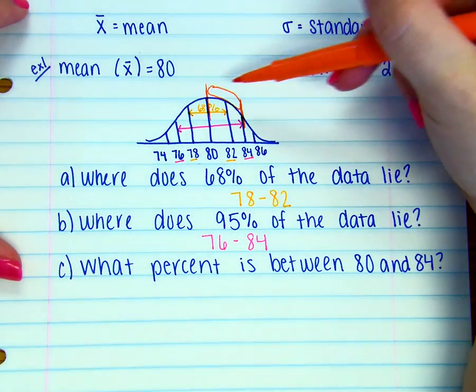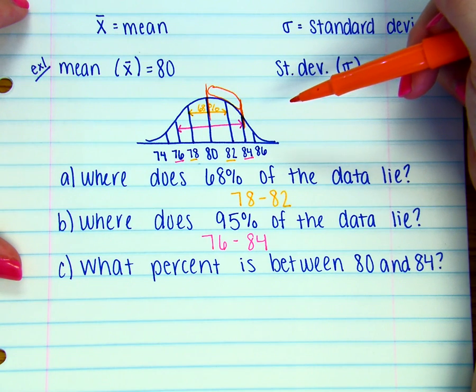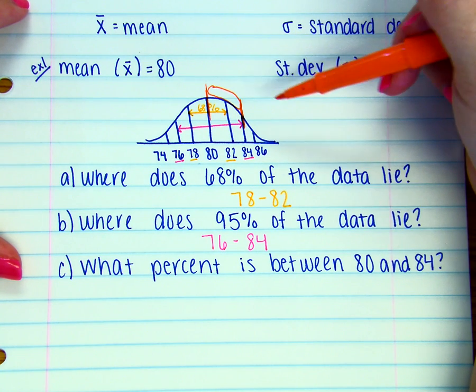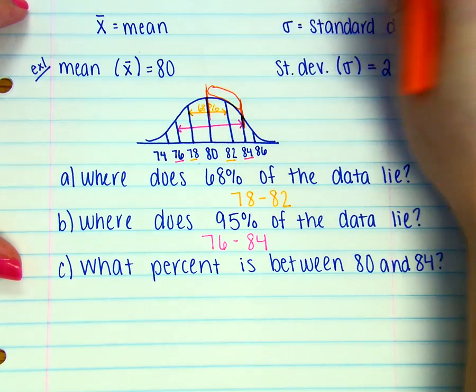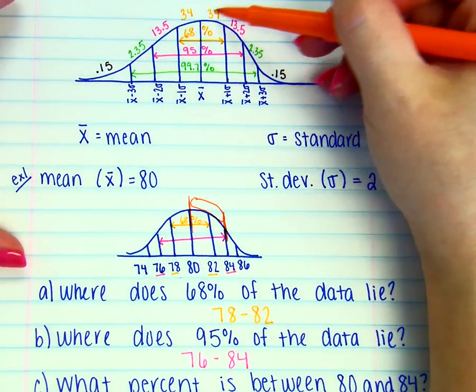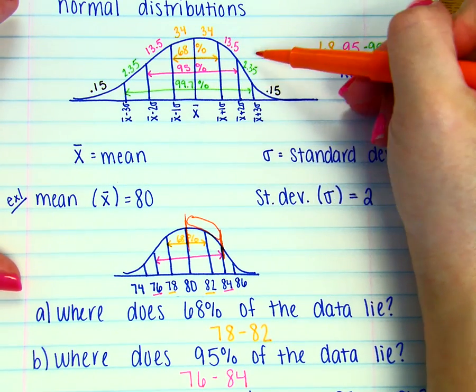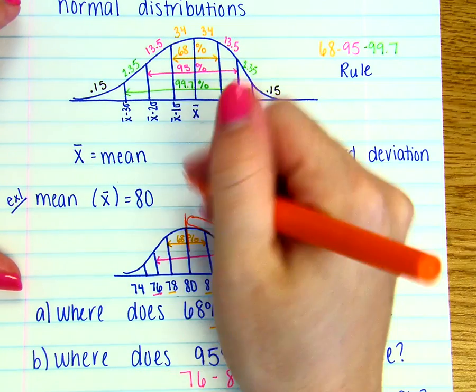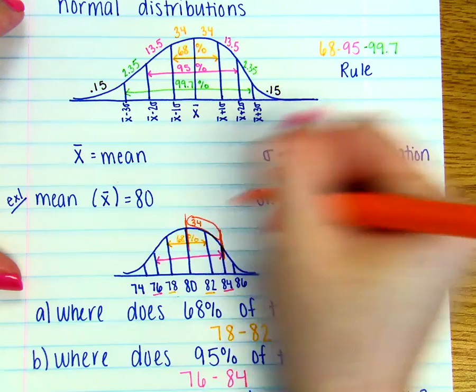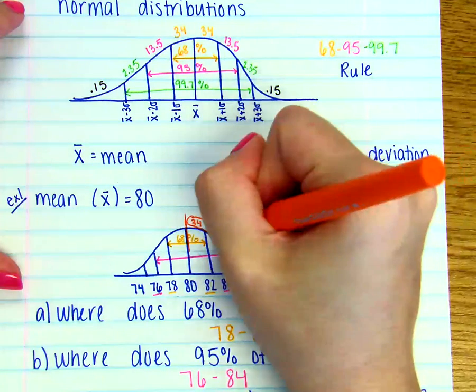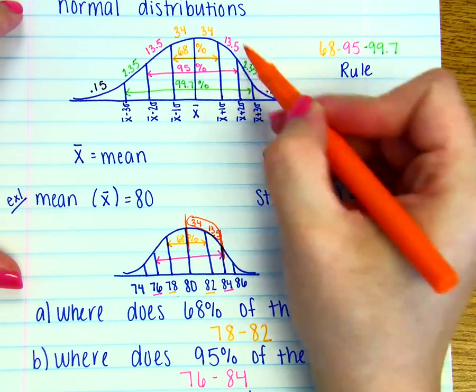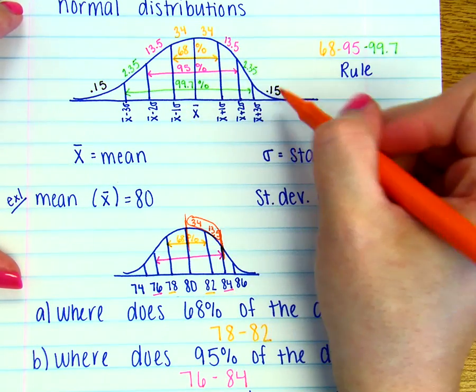So this is where the numbers on the outside of the curve are going to come in handy when they're asking for what percent between two numbers that aren't 68, 95, or 99.7. Because we've already found the numbers up here at the top, I could just copy these numbers down here, 34 and 13.5. These numbers around the normal distribution curve will always be the same no matter what.